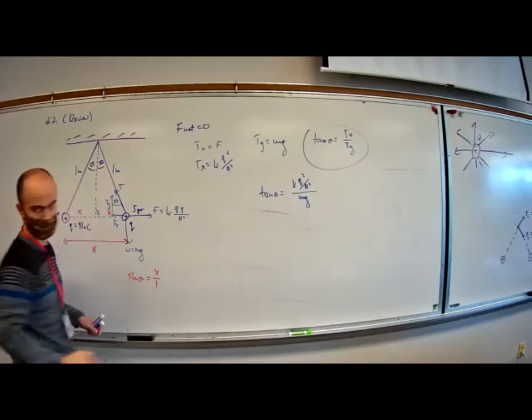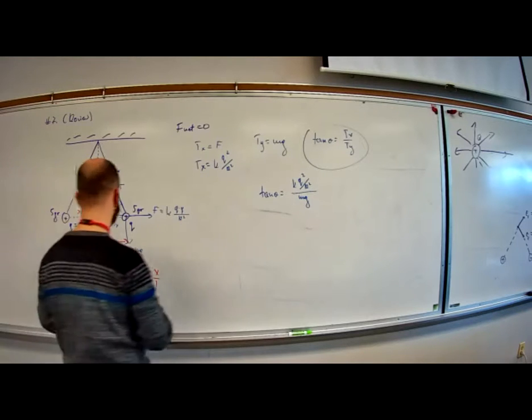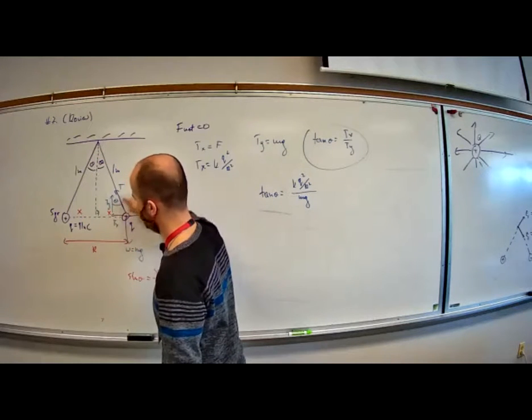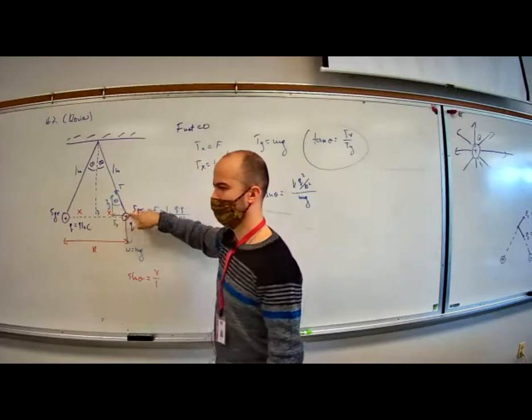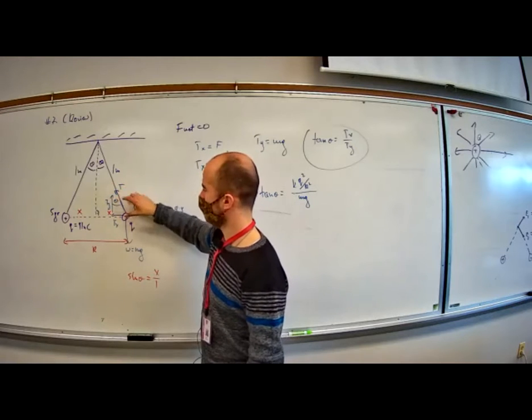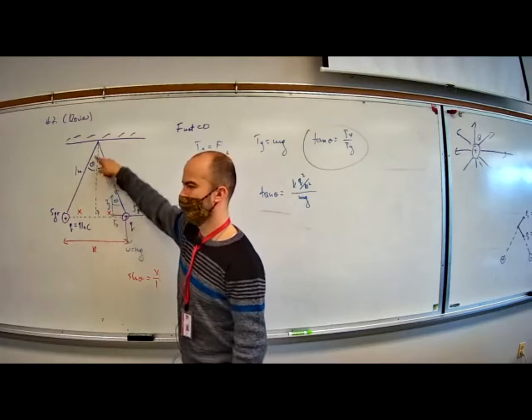Mr. Clapic, could you explain why tx over ty equals the tangent of theta? Oh, sure. So see this little triangle here, the blue one? Yes. So this blue triangle is similar to that purple triangle, right? Yep.